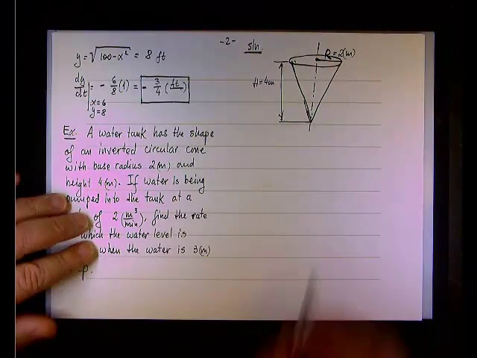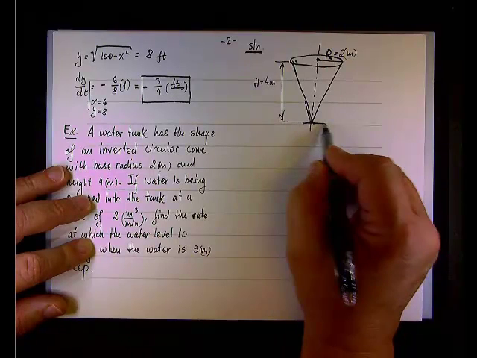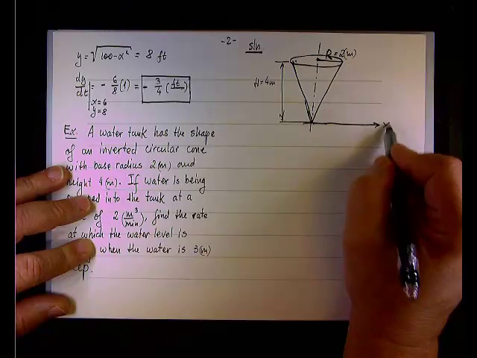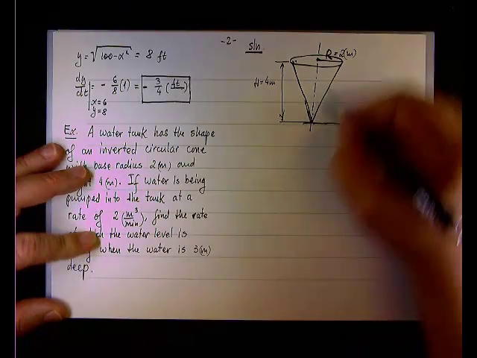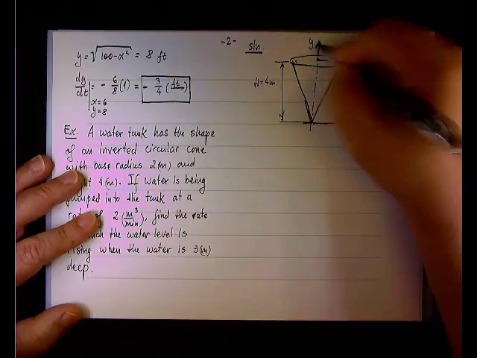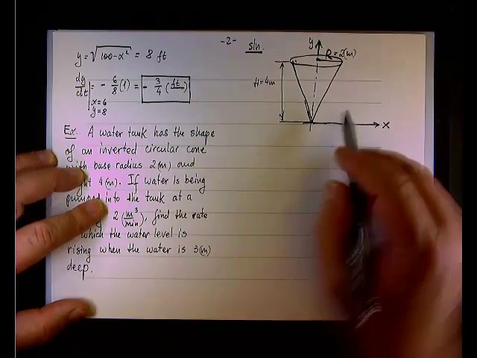Okay. I'm going to position the origin of my coordinate system at the tip of the cone, at the bottom of the cone. I think the book will place it on top, but I like to put it over there.